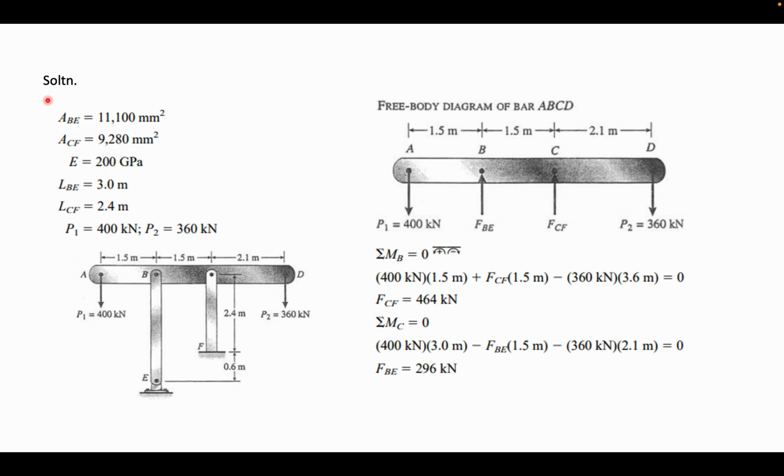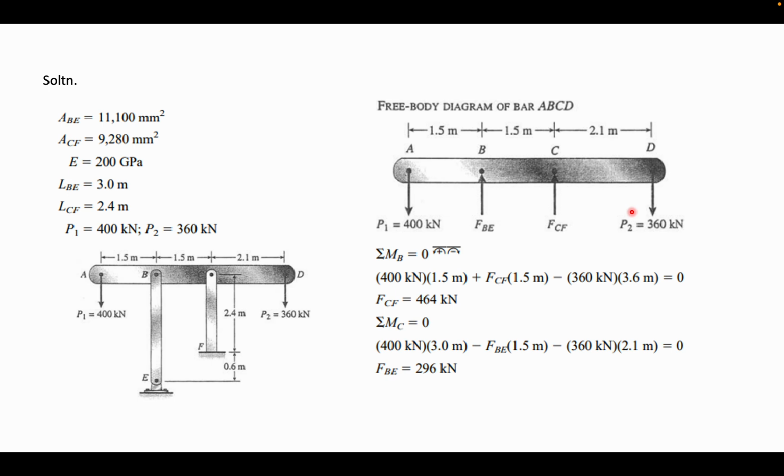Here we have been given all the known values. Firstly, to find the force in CF, we take the summation of moments at B equal to 0, taking clockwise as positive and anti-clockwise as negative. So we can see 400 is multiplied by 1.5, since the distance between A and B is 1.5, and similarly F_CF, which is unknown, is multiplied by 1.5, since the distance between B and C is 1.5.